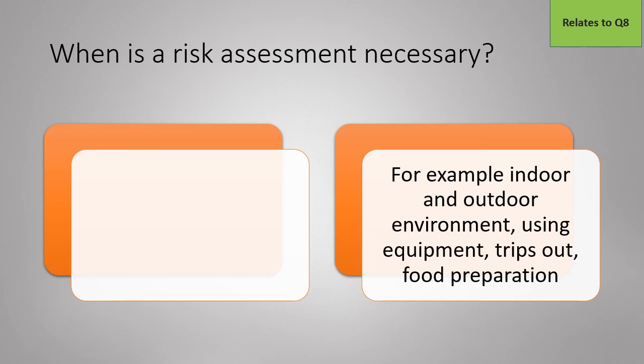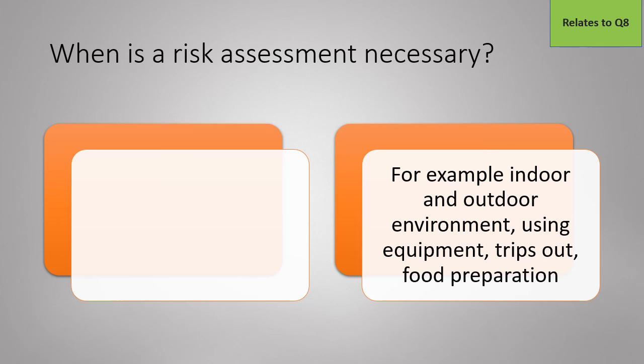It is really important that you think about all the areas that you're going to be working in, indoors and outdoors. Especially in a nursery, in a childcare environment, children spend a lot of time outside, sometimes as much as they do inside. Sometimes they have an open door policy where children, as long as there's an adult member of staff with them, can go out and play inside and outdoors.